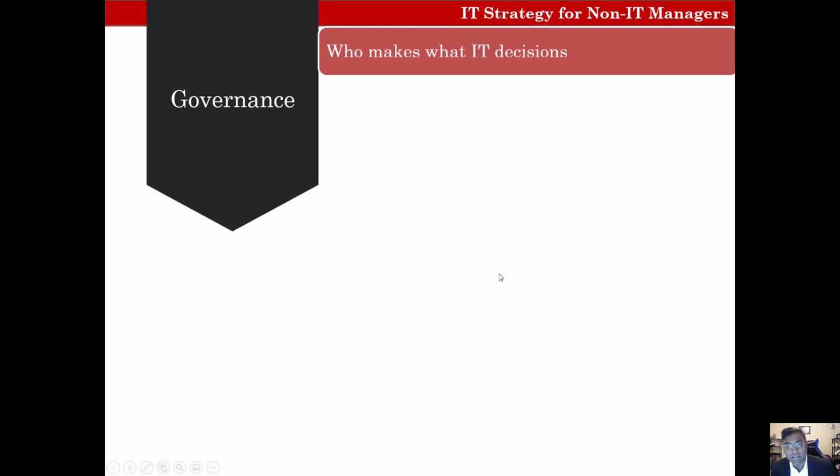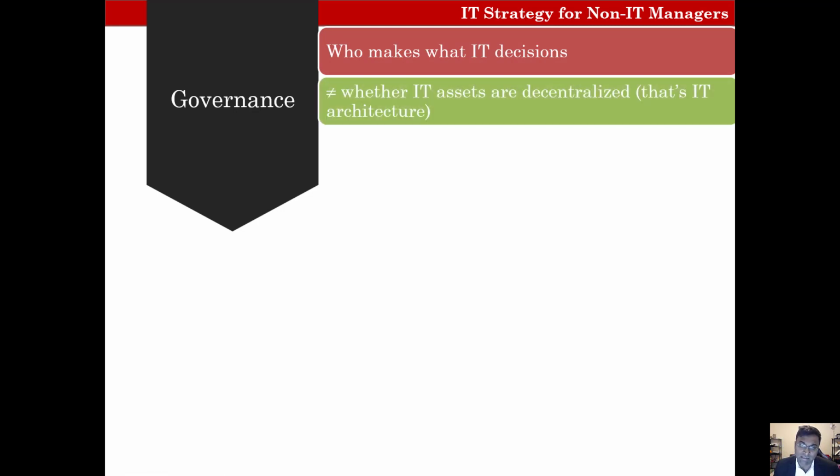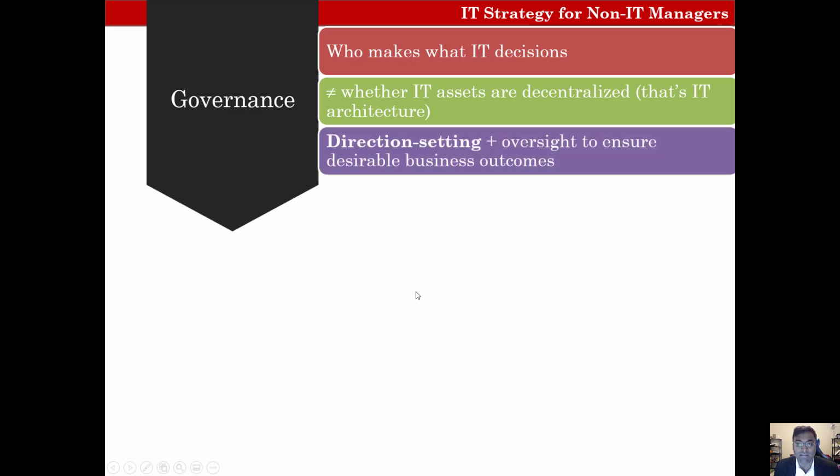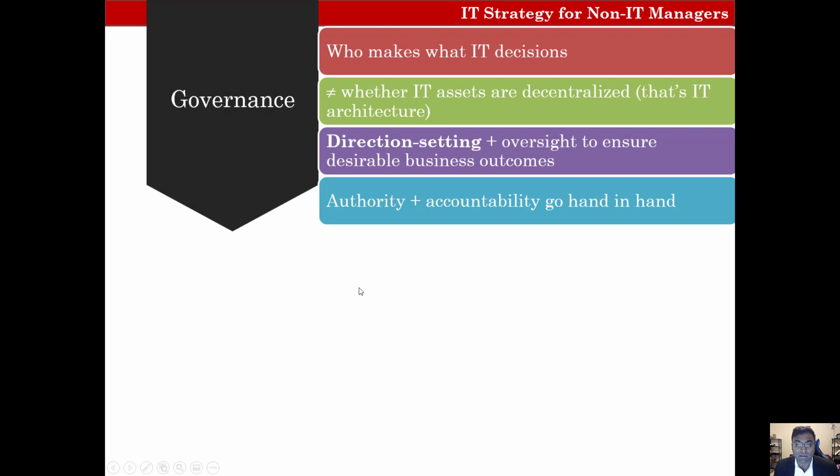So governance is who makes what IT decisions. And it is not whether IT assets are decentralized. Now that is IT architecture, which we've already discussed. This is about direction setting and oversight, which will decide who has decision rights, which is authority and accountability to IT decisions.